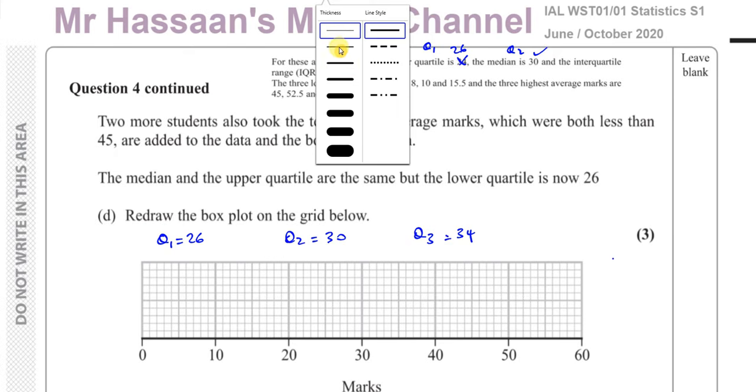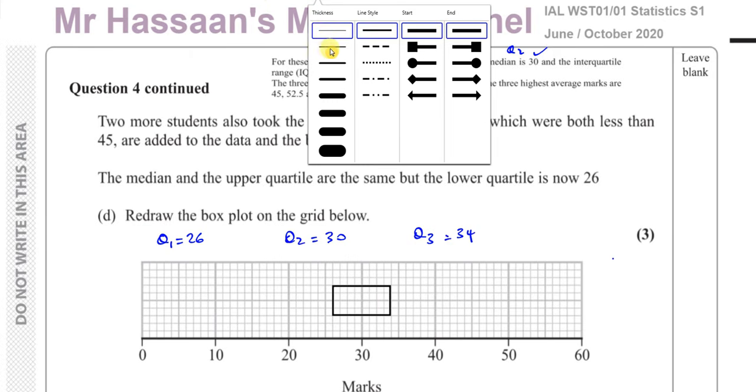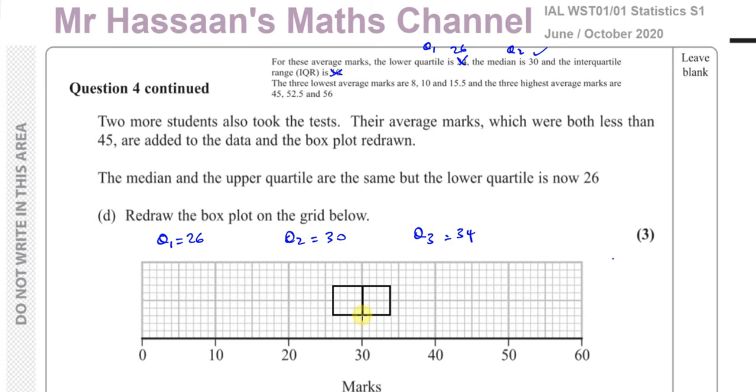The Q1 to Q3 now goes from 26 to 34, so the interquartile range is now different. The median is 30, so it's right in the middle now. It's kind of symmetrical now, isn't it?